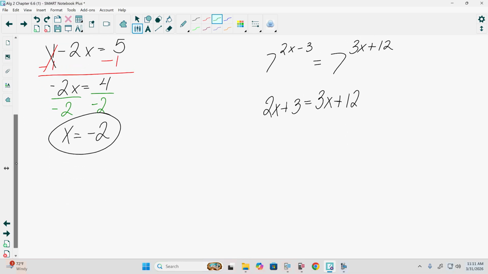So for us here, it's telling us that 2x plus 3 has to equal 3x plus 12. Now we just need to solve for x. Add negative 2x to both sides, telling us that 3 is equal to x plus 12.